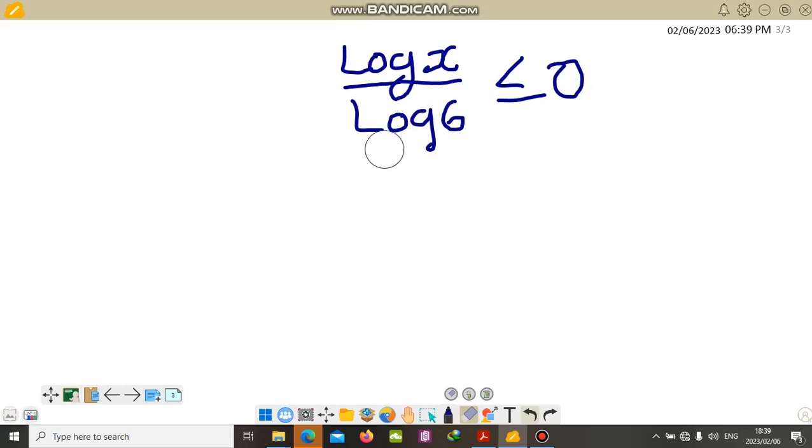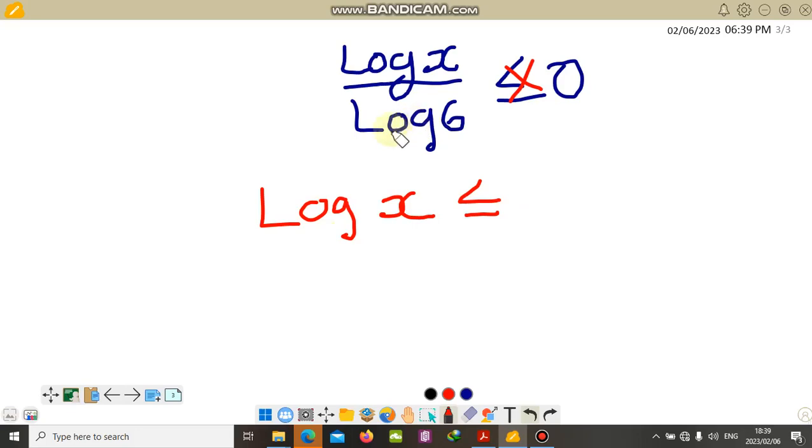So we only have to solve this x value here, then we will be fine. So when I solve this, I will just cross multiply, then I will have log of x less or equals to, when you multiply log 6 and 0, you get 0, guys. You get 0. There you go.